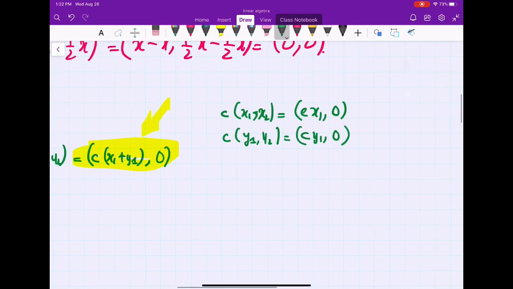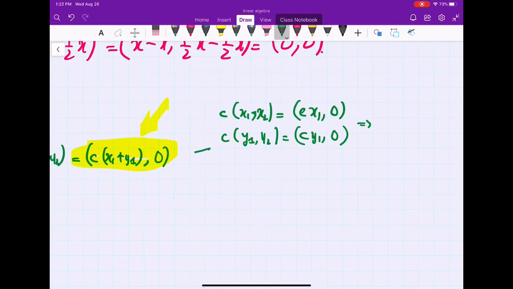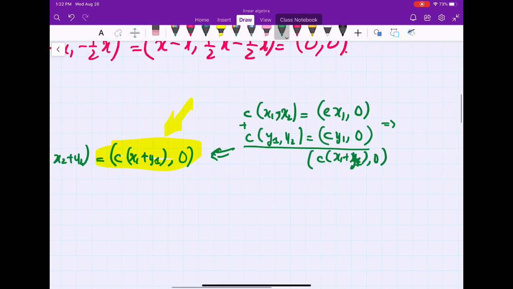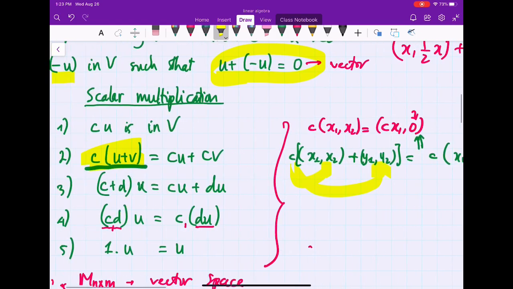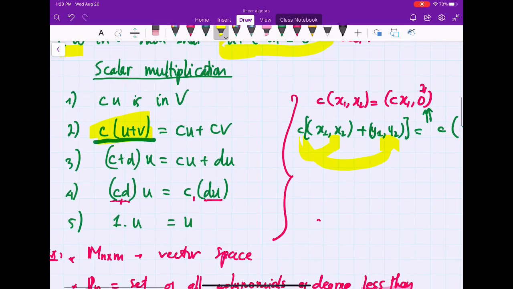Then you sum them up, you get exactly this vector. Does that make sense? So you have C times x1 plus y1, and 0 in here. So that is what you got. So the second property is also okay.